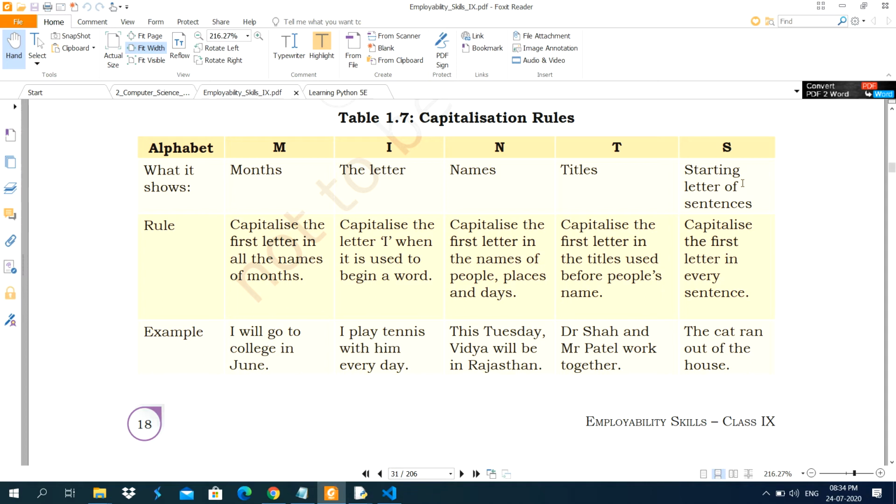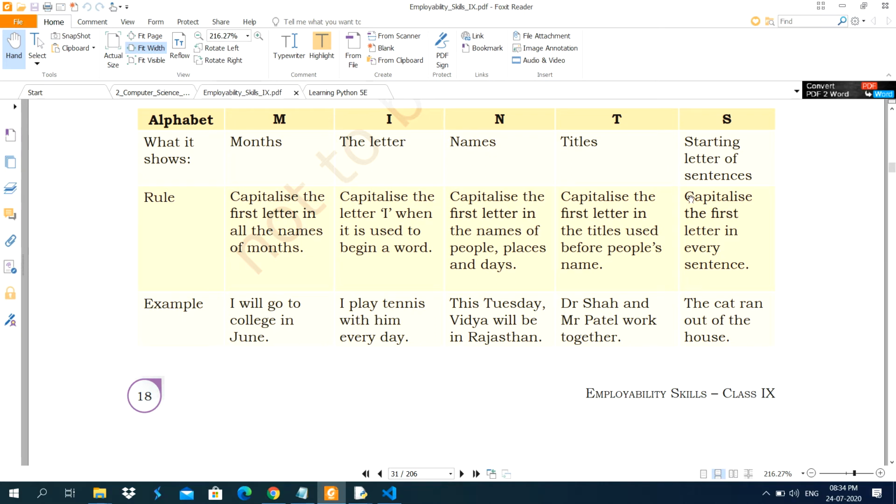S means starting letter of sentences. The rule is capitalize the first letter in every sentence.